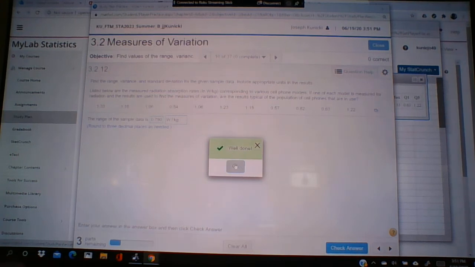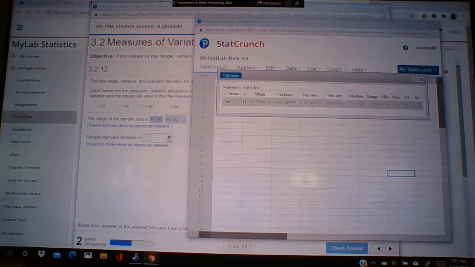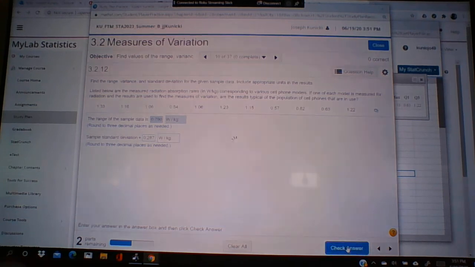The range is in the same units. Standard deviation, if I go back to the data, they want 3 decimal places, so it's 0.287. Since it's a variation, it's just a distance away from the center, so it's the same unit.